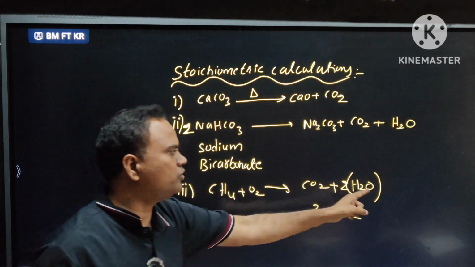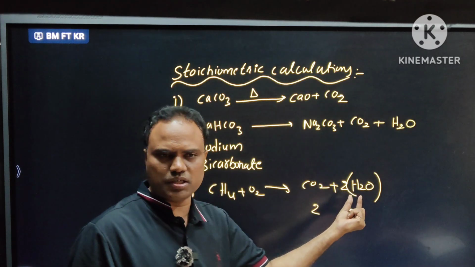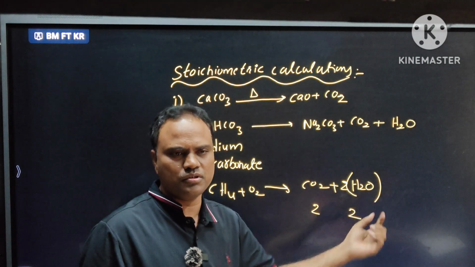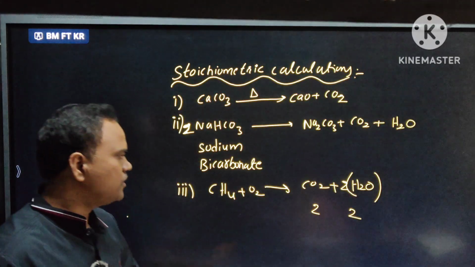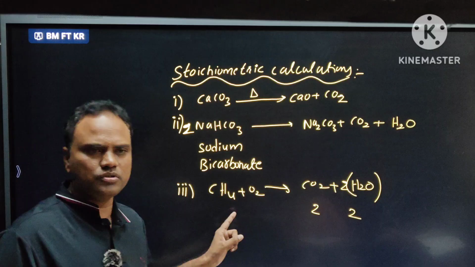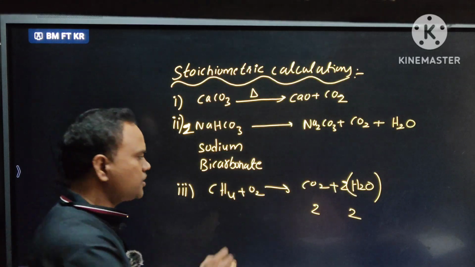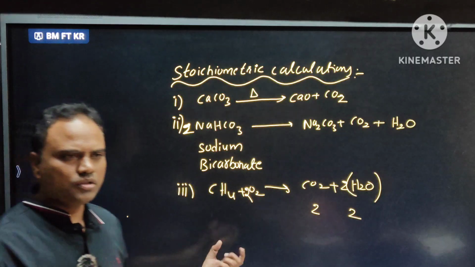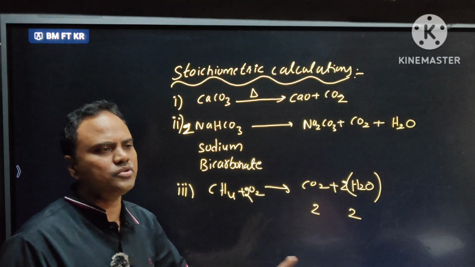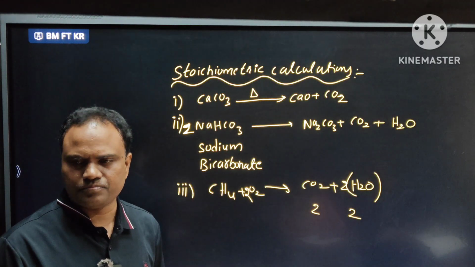If any number is present, that number belongs to all the atoms, so just imagine the bracket. 2 into 2 oxygens, so 4. So this side 4 should be present, so write 2 here. Like benzene, same procedure.